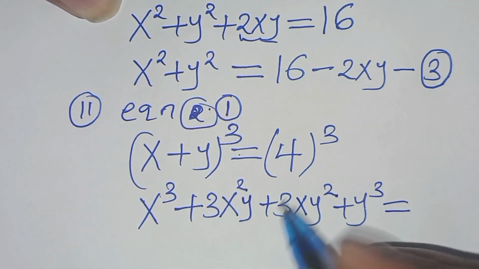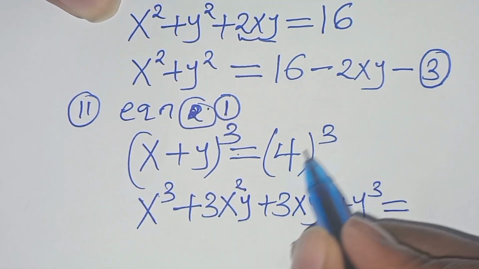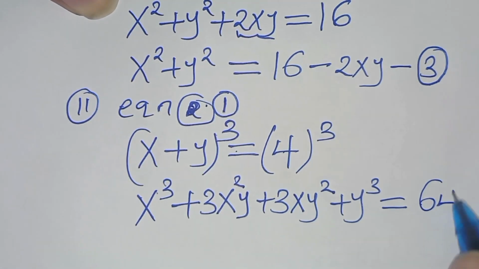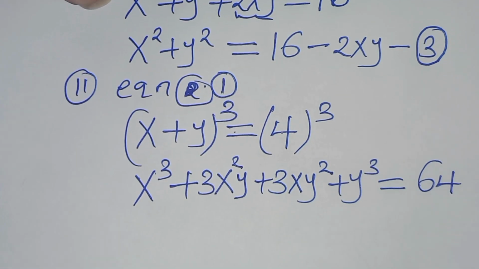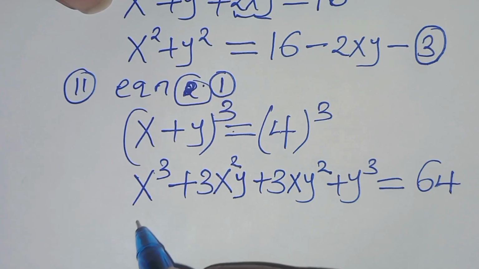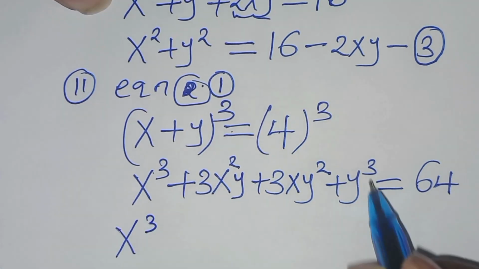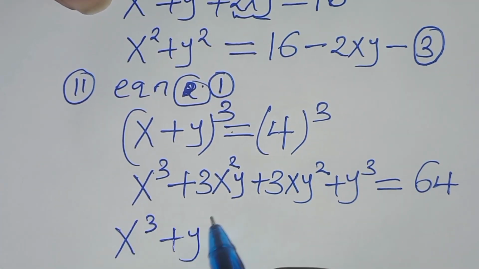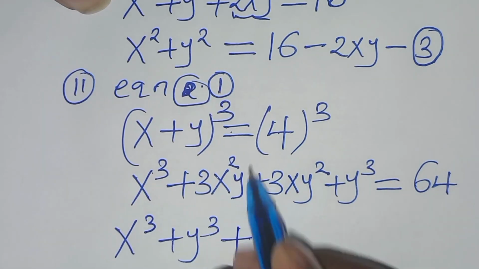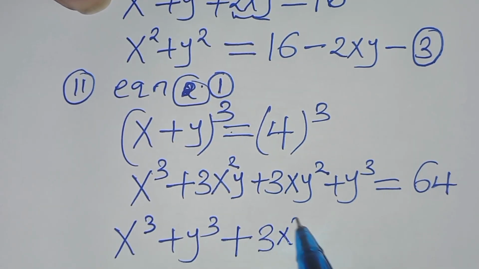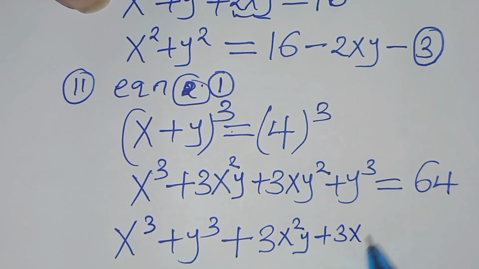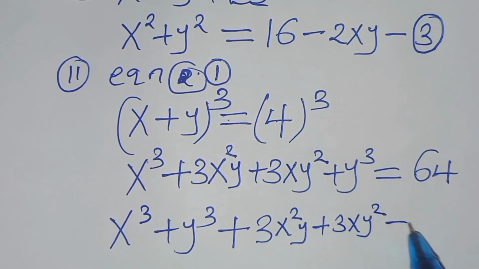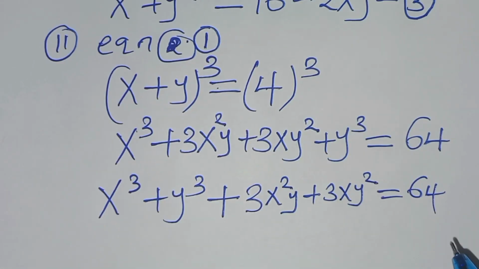This is equal to 4 raised to power 3, that is 4 cubed, which is 64. The next phase, we have x to power 3 plus y to power 3, plus 3x squared multiplied by y plus 3xy squared, equal to 64.